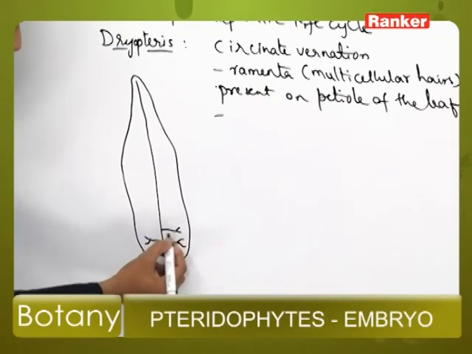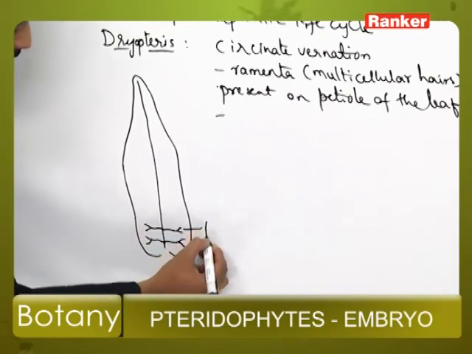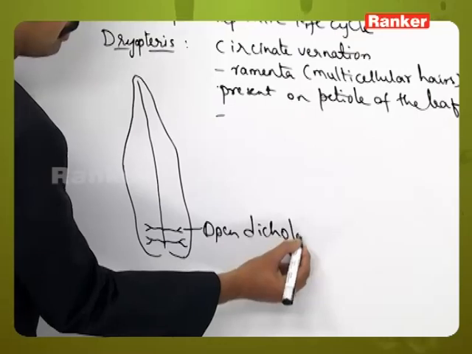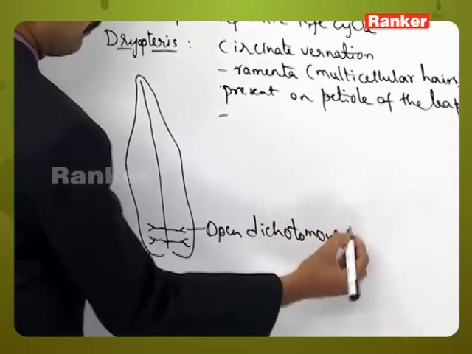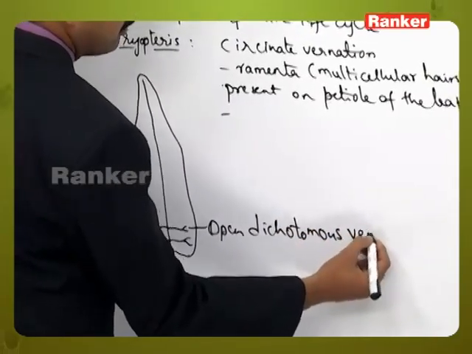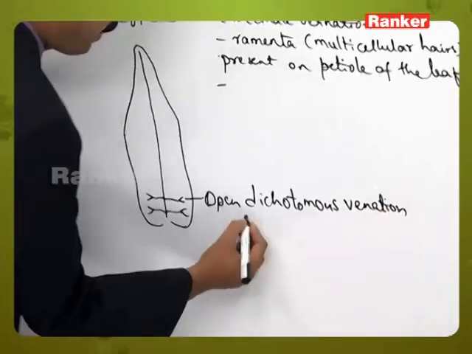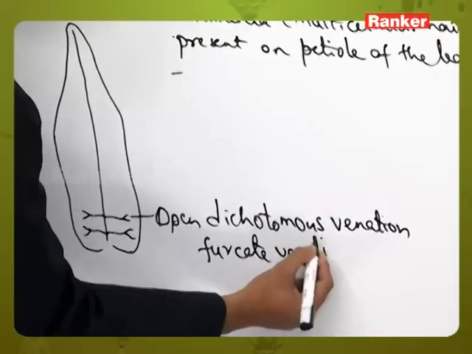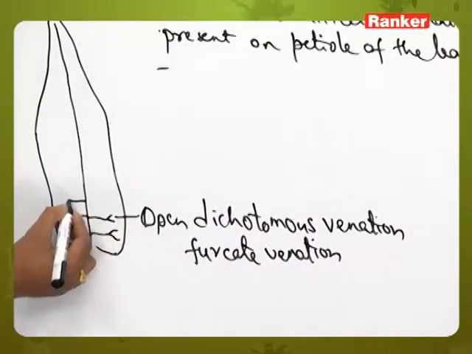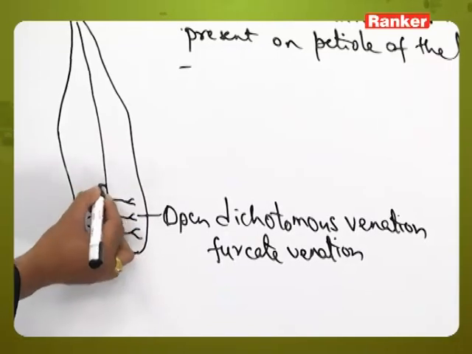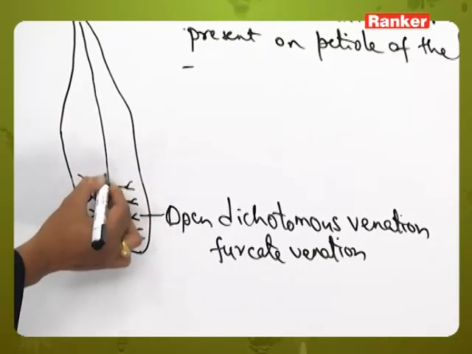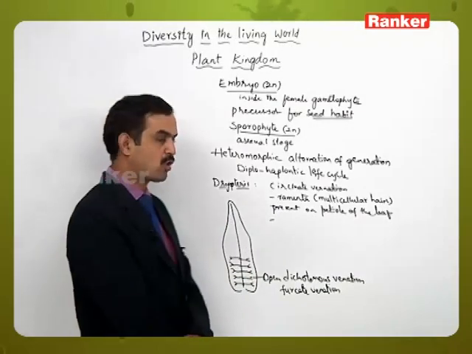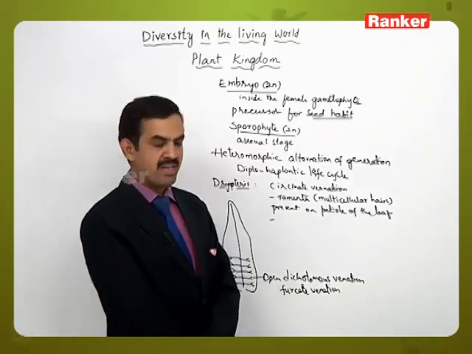So this type of branching of the lateral branches is called open dichotomous venation or furcate venation. This nature will be seen in all the lateral veins. This dividing of the lateral branch into two equal halves at the end is called open dichotomous branching or furcate venation.